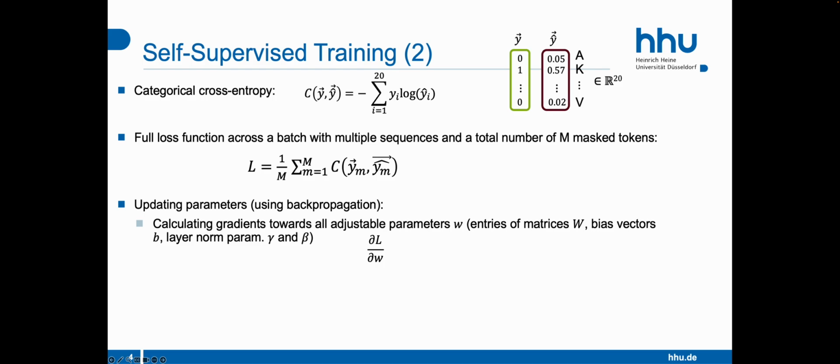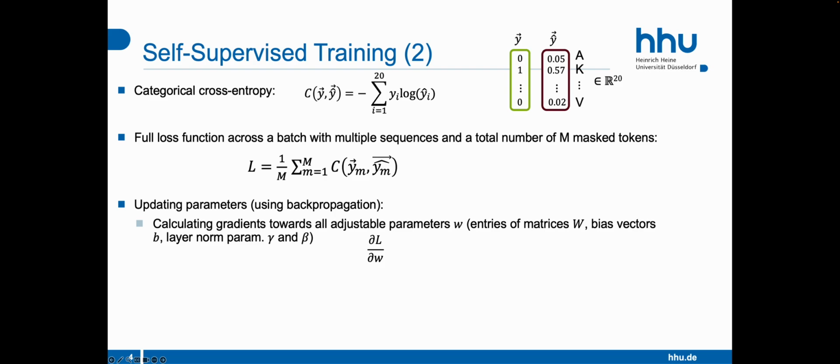This means we calculate the gradient with respect to all single parameters in all matrices W, with respect to the entries of the bias vectors B, and with respect to the parameters gamma and beta that are part of the layer normalizations. For simplicity, we denote every learnable parameter here by a lowercase w.